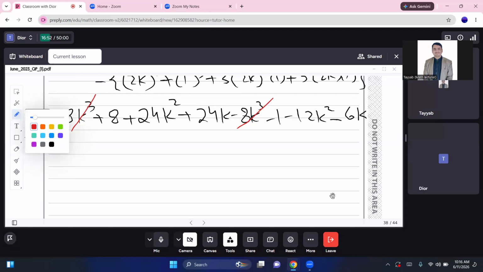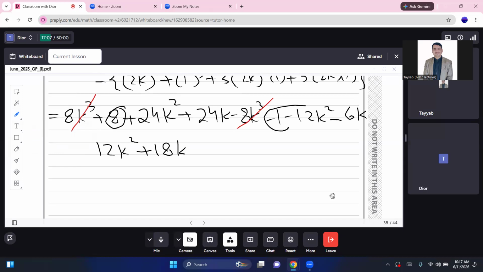24k squared minus 12k squared, so it's 12k squared remaining. Then 24k minus 6k, so it's 18k. Then 8 minus 1, so it's 7. Take 6k common. So you have 2k plus 3, plus 7.